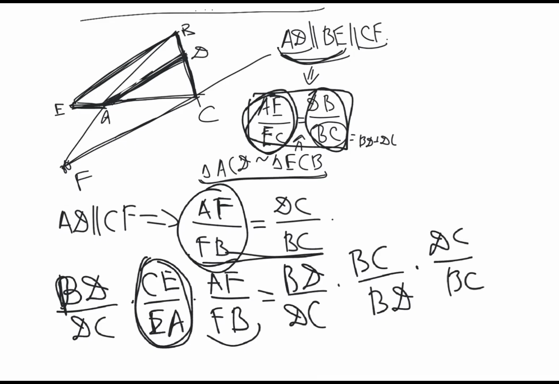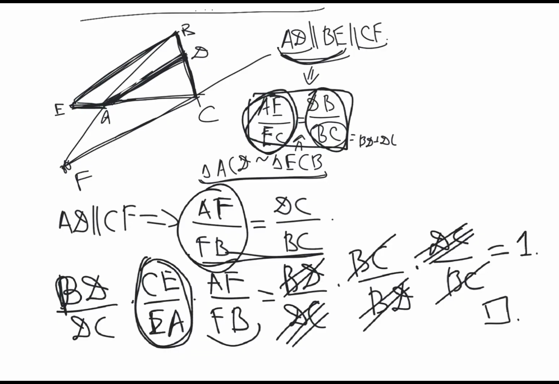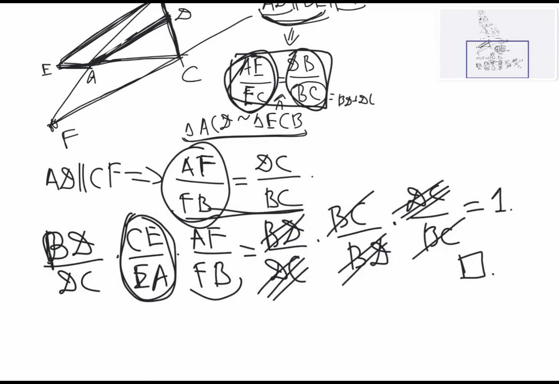Okay, so now we see that BC cancel each other and BD cancel each other, and DC and DC also cancel each other, and we get just 1. So this concludes the proof of this case. So basically we now proved the theorem in one direction.